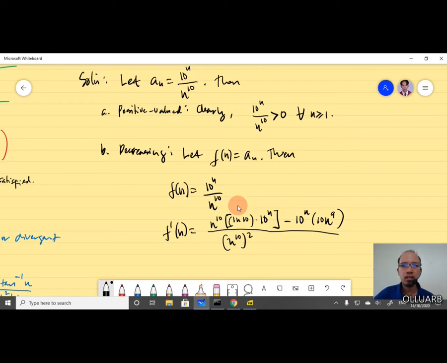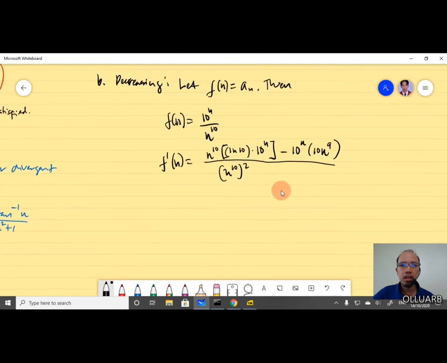So let's simplify. If this is really negative, this expression on the right hand side is negative. So how do we do that? Let's factor. The common factors are n to the 9 and also 10 to the n.